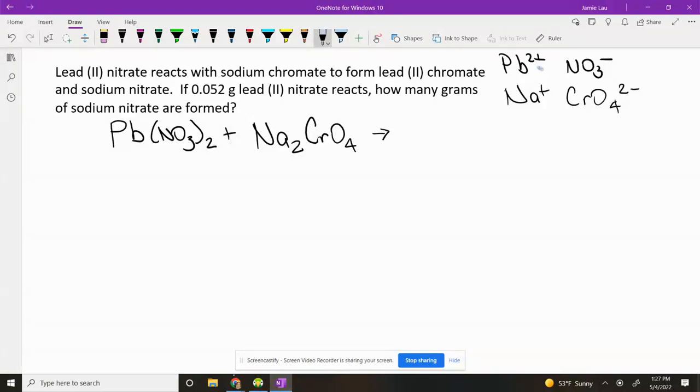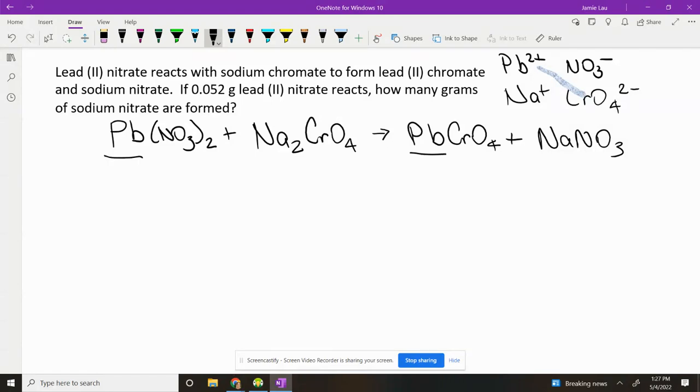And that forms lead 2 chromate, right? So in that case, we're combining these two. So we get PbCrO4 plus sodium nitrate, Na plus an NO3 minus. This gives me NaNO3. And if I'm balancing this out, I have 1 lead on each side.